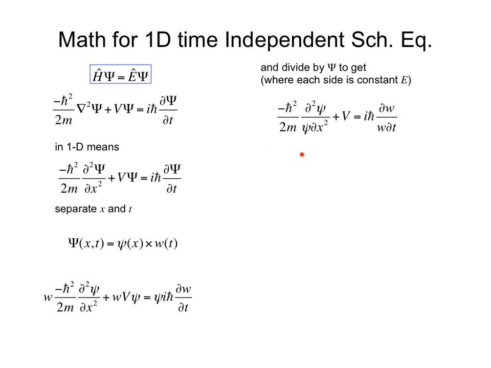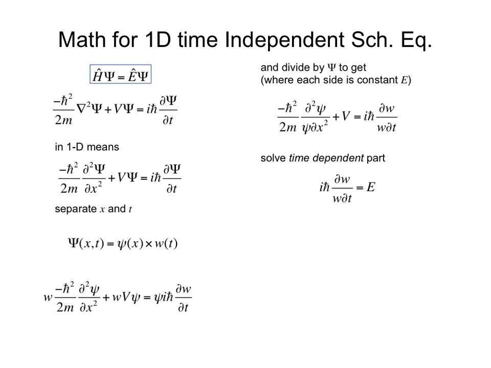This equation has the x and t variables fully separated because all of the x-dependent functions, the lowercase psi, are over here, and on the right we have only the time-dependent functions w. This means we can solve each side independently.